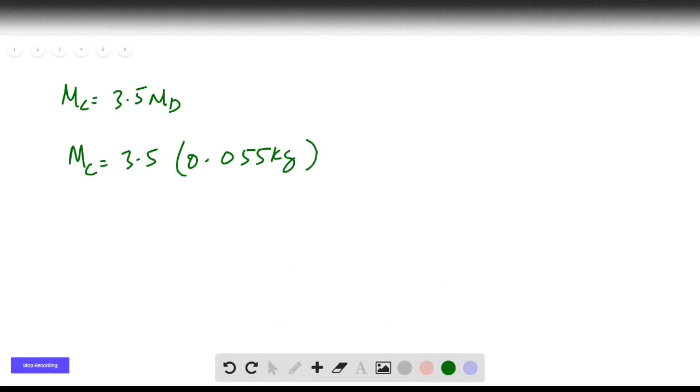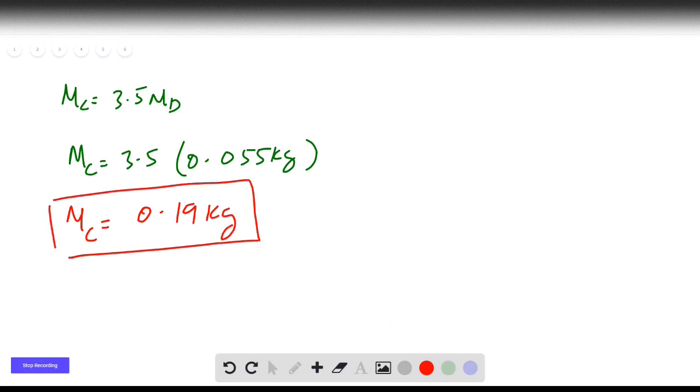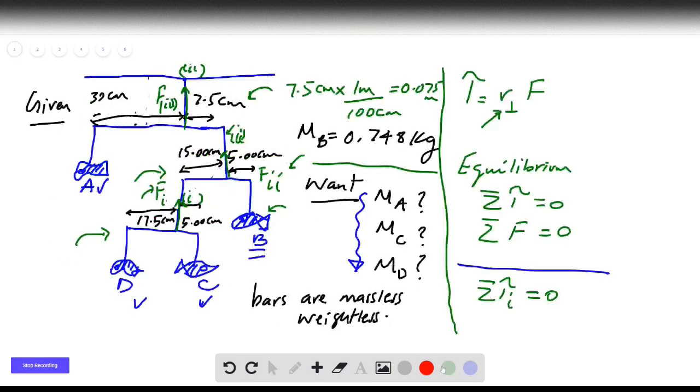Very helpful. And so we're able to solve MC as 0.19 kilograms. That's MC.